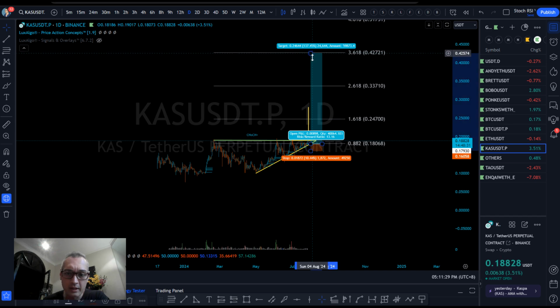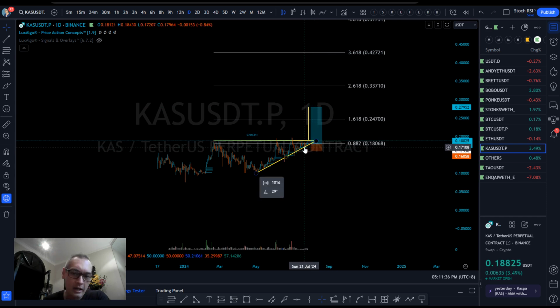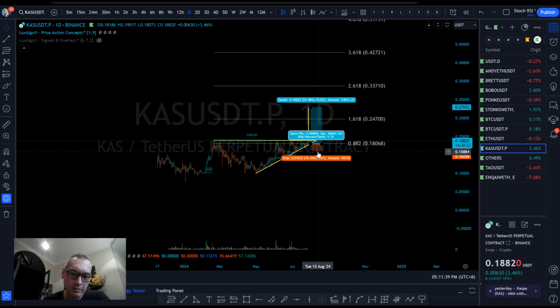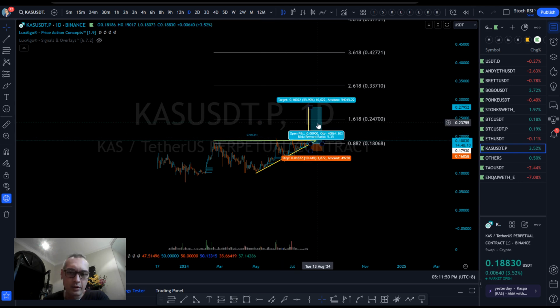So that would be a nice move right there. You could potentially go with slightly larger size and you have your nice safe 10% downside stop loss, and it's about a 55% upside according to this measurement, right? So that would be a 5-to-1 risk to reward ratio, which is already a great trade.